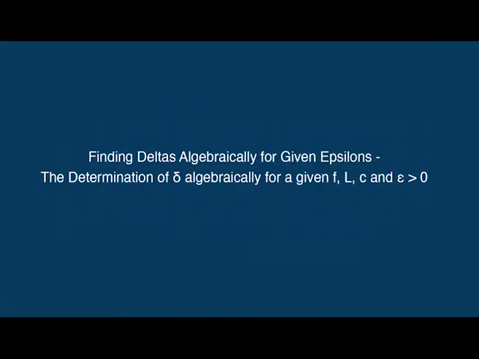Finding deltas algebraically for given epsilons: the determination of delta algebraically for a given f, L, c and epsilon greater than 0. In the examples considered so far, we immediately got delta corresponding to a given epsilon greater than 0. In practice, that may not be the case.